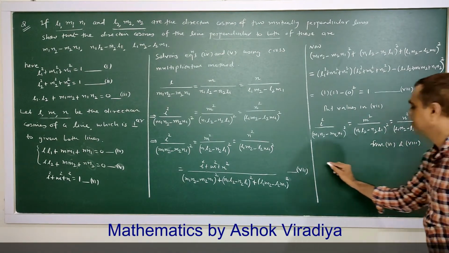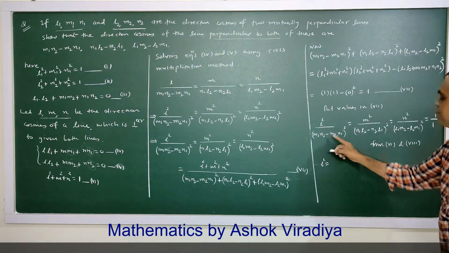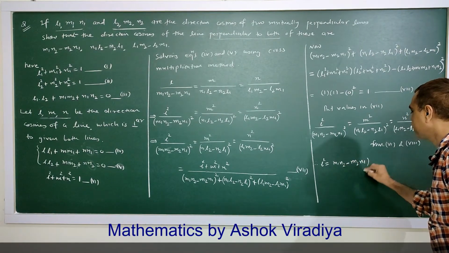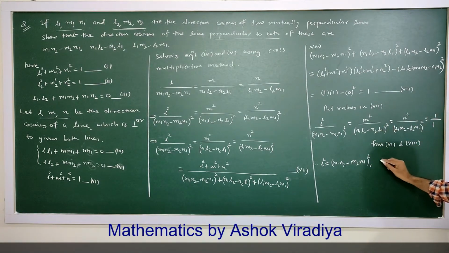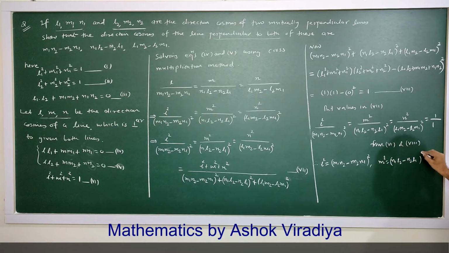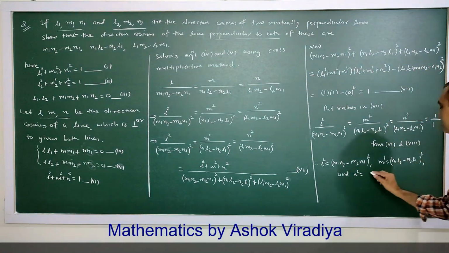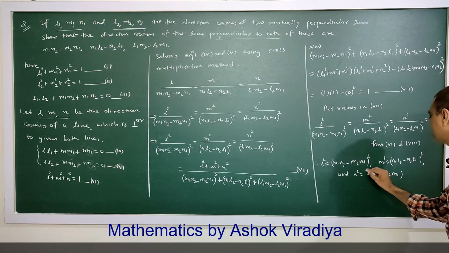So this means, therefore, L square equal to (M1 N2 minus M2 N1) square, M square equal to (N1 L2 minus N2 L1) square, N square equal to (L1 M2 minus L2 M1) square.